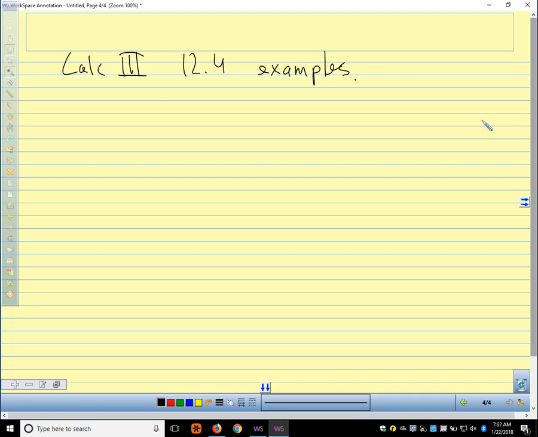All right, so let's look at a two-dimensional example working with these quantities. We're going to say that r of t is t squared i hat plus 2t j hat.